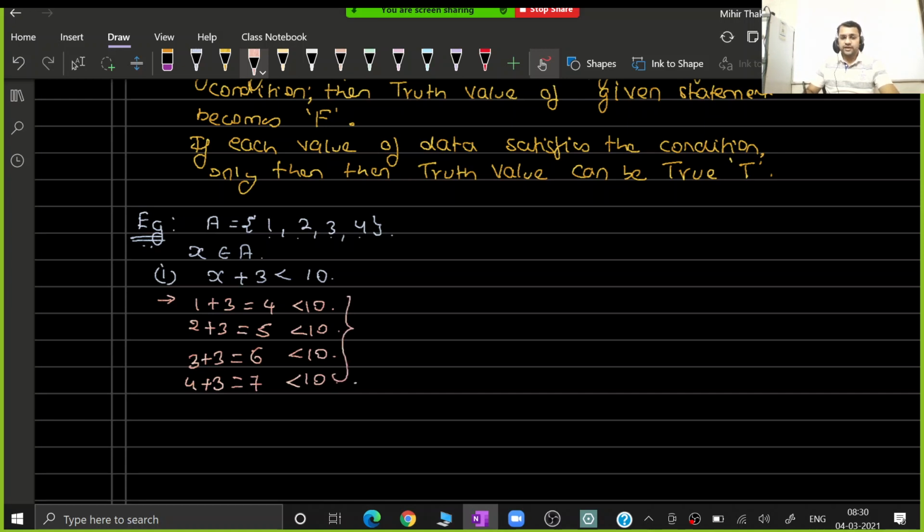So over here I observe that all these values are satisfying the condition, which is saying that the sum with 3 should come out to be lesser than 10. So since all these values have been satisfying the given condition, you can say that it is a true statement.